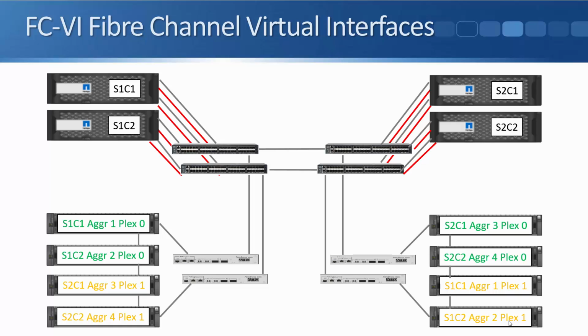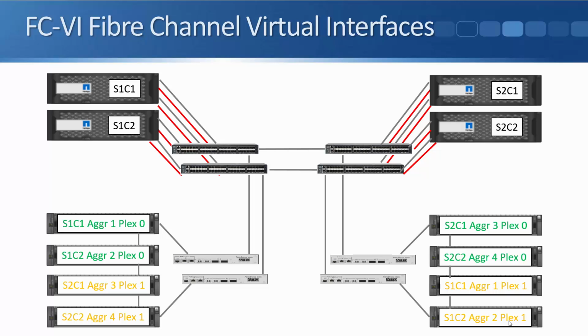For the node initiator connections for our reads from disk and for our writes during consistency points, we've got 2 node initiator connections from each node to each switch. For the FCVI connections, which are used for the initial NVRAM mirroring between the 2 sites, we've got a single connection from each controller going to both switches in the same site.